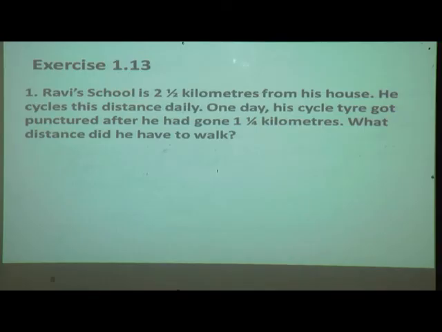Yes, tell me. Exactly, we have to subtract from how many kilometers he used to take every day and how many kilometers he had gone when his cycle tire got punctured. Okay, first we have to write the given information. What had they given?